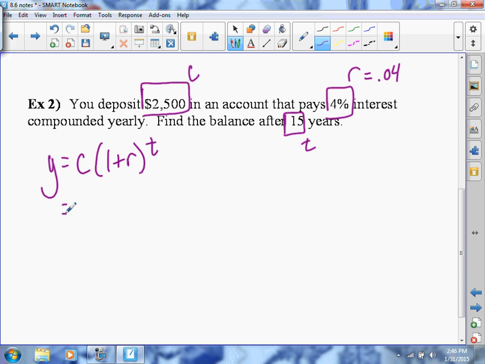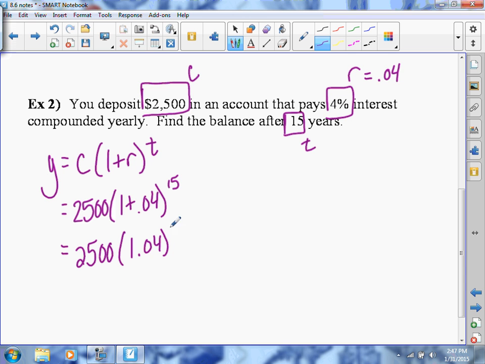So now I'm going to substitute all this information in. 2,500, 1 plus 0.04, and then 15 is going to be t. Now we're going to simplify this a little bit before we use our calculators. I'm going to add the 1 and the 0.04, so I get 1.04.